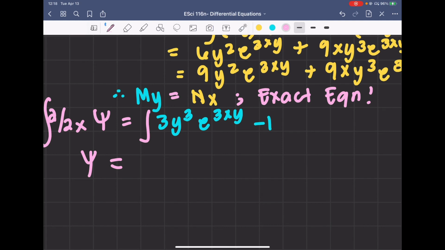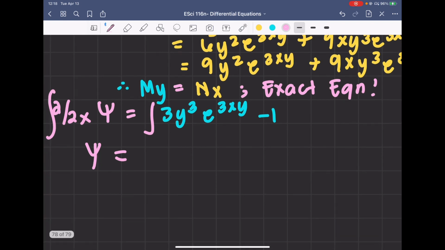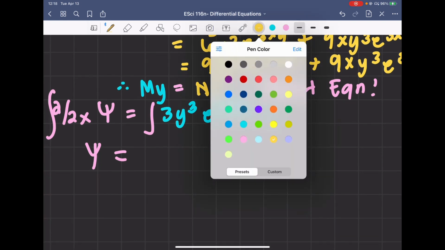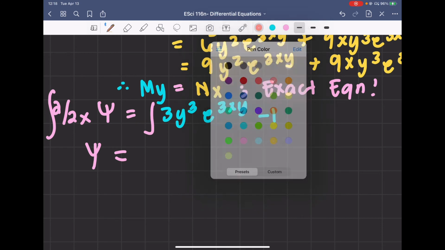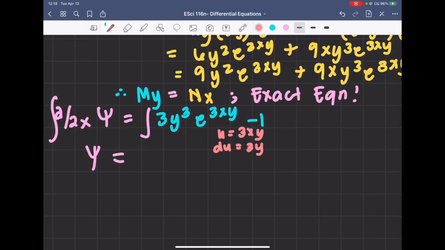So for our psi here, we can do a u substitution to solve for our equation. So let us say u is equal to 3xy. Our du is 3y because this is being derived with respect to x.